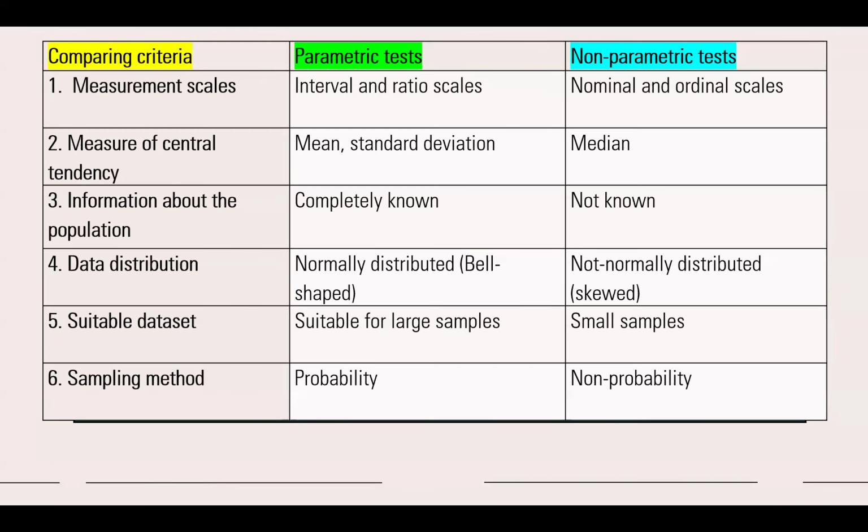So these are the comparing assumption criteria that I'm going to use. In terms of the measurement scales, if your data sets have interval and ratio scales, then they fall into the parametric test. You have to pick a parametric test and use it to analyze your data. If they are nominal and ordinal, then you have to use non-parametric tests.